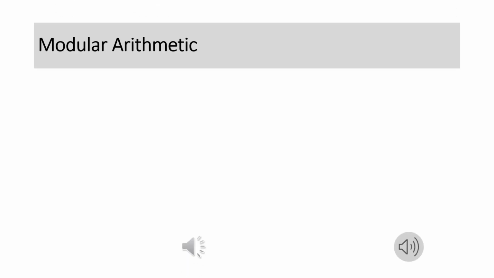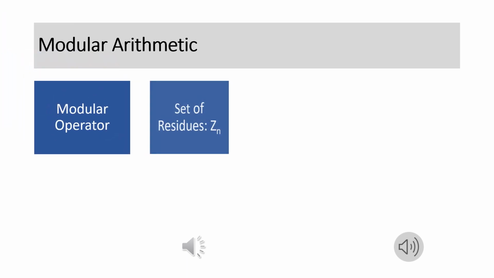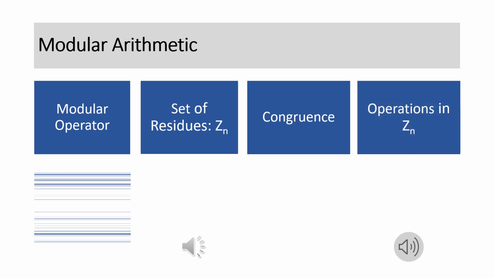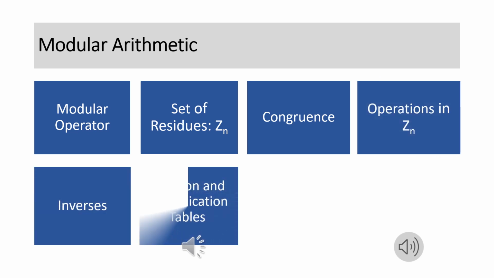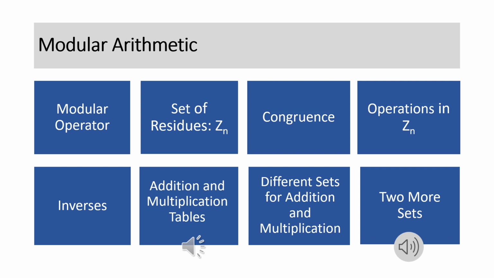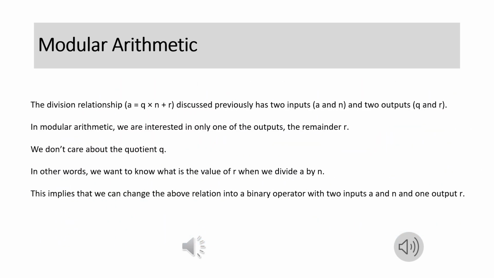Modular arithmetic consists of the modular operator, the set of residues, congruence, operations in Zn, inverses, addition and multiplication tables, different sets for addition and multiplication, and two more sets. The division relationship, a equals q times n plus r, discussed previously, has two inputs, a and n, and two outputs, q and r.